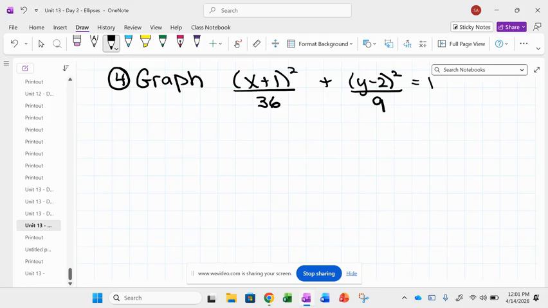And I want us to include the center, the foci, and the different vertices.